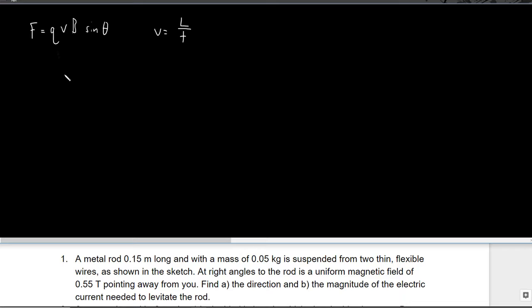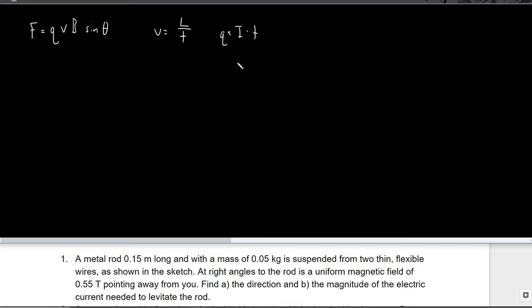Now, this Q part, if it's a current carrying wire, we know that current I times time lets us know the amount of charge that flows through the wire in a certain amount of time.